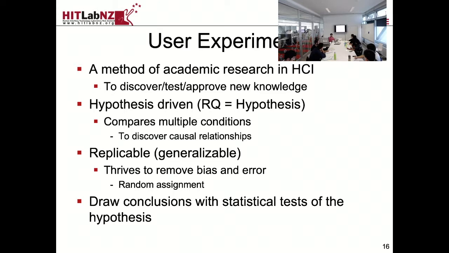Because the user experiment wants to find new knowledge, and the new knowledge has to be generalized, which means it has to be replicable. Once you get some result, you draw the conclusion with a statistical test of the hypothesis.